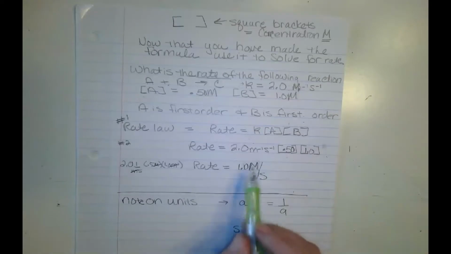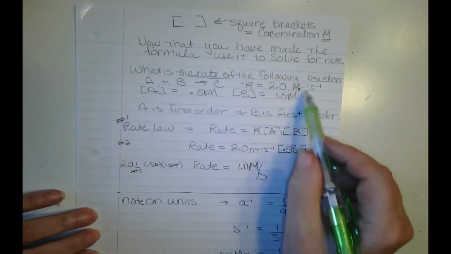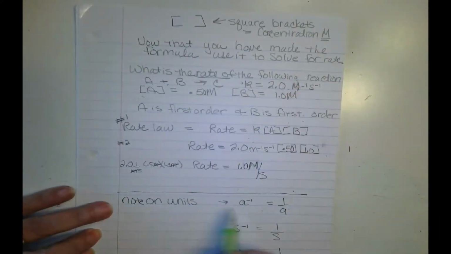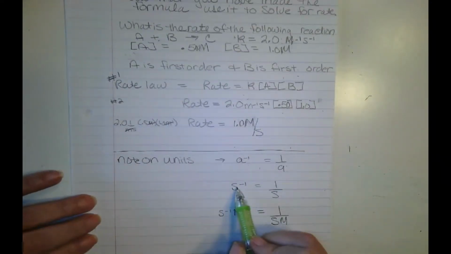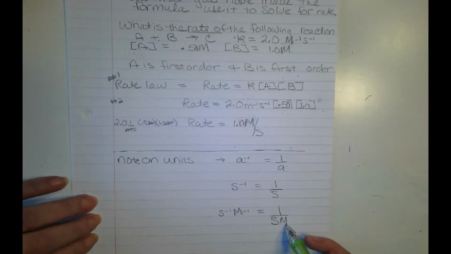And that's what our rate is in. It's a change in molarity per unit time. So let's talk about these minus 1 units. Note on units: A to the minus 1 is 1 over A. You guys should know that from your math. So when they put seconds to the minus 1, it means 1 over seconds. When they put seconds to the minus 1, molarity to the minus 1, it means 1 over seconds on the bottom, molarity on the bottom.